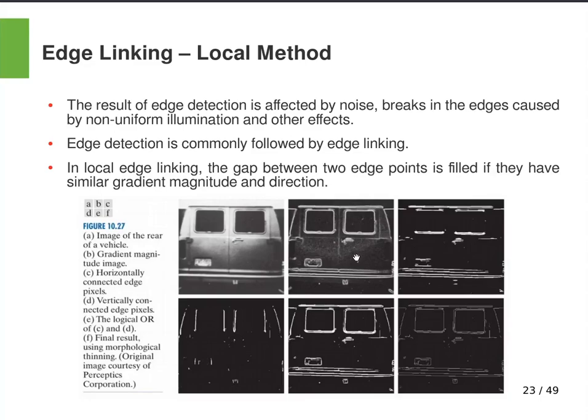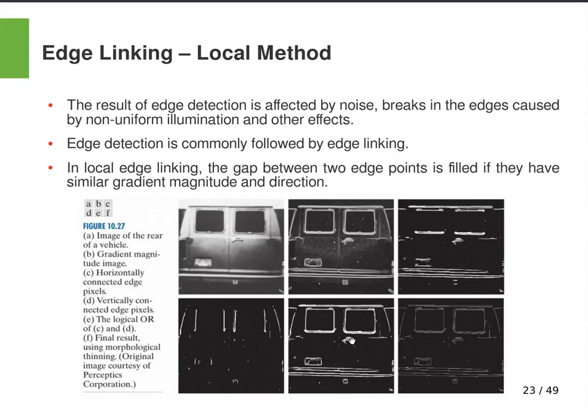In the middle we have the gradient magnitude, and to the right we have horizontally connected edge pixels. All the pixels that belong to horizontal edges are now connected together. Here we have all the vertical edge pixels connected together.